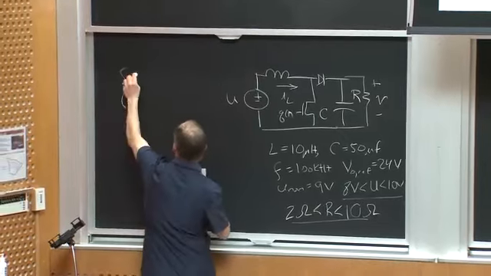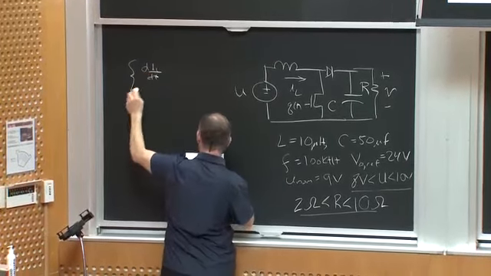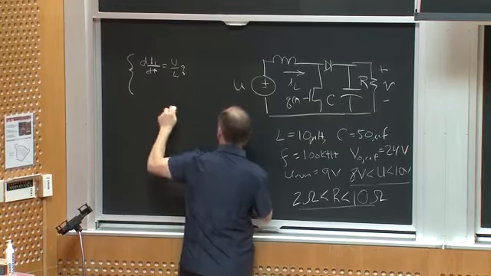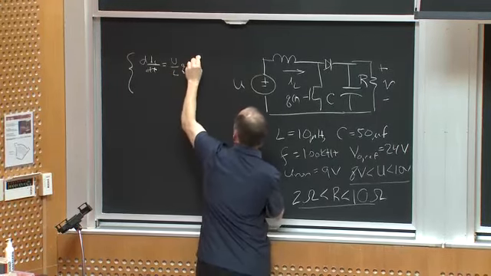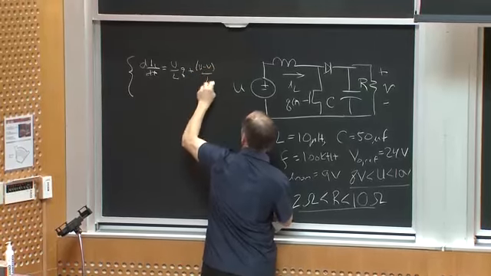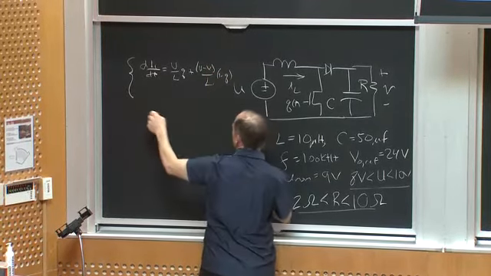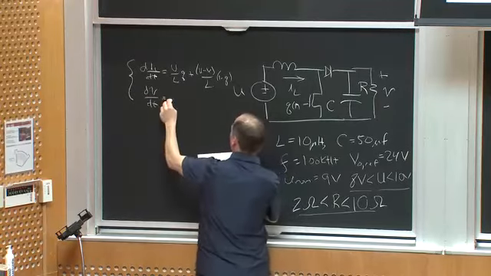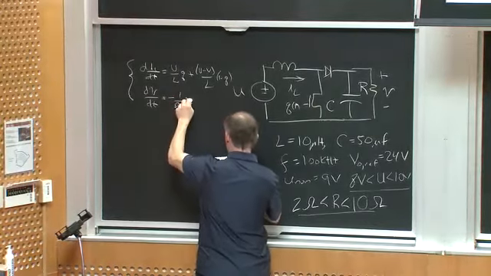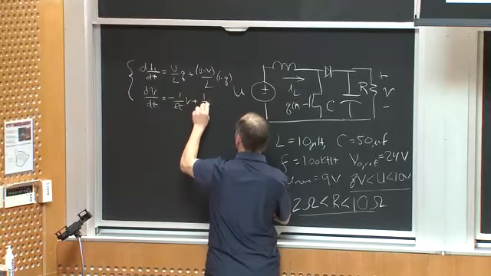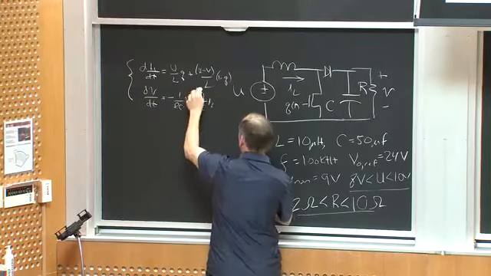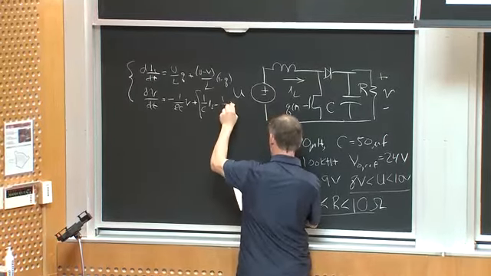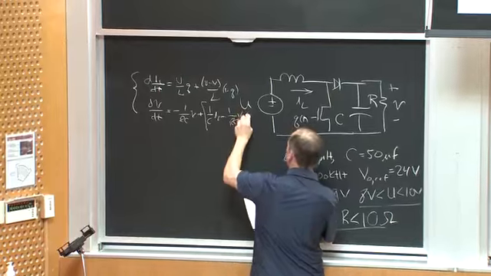So this is dIL/dt is equal to (U/L) Q plus ((U minus V)/L)(1 minus Q). And dV/dt is equal to minus (1/RC) V plus (1/C) IL minus (1/RC) V times (1 minus Q).